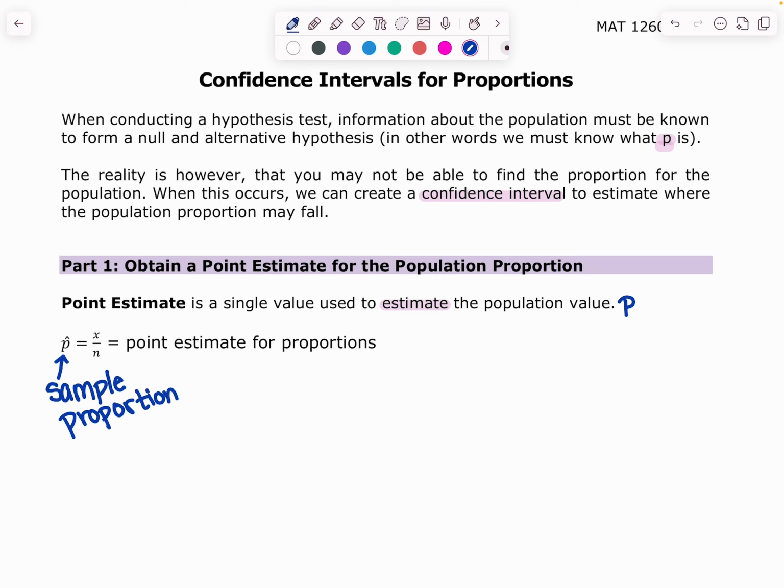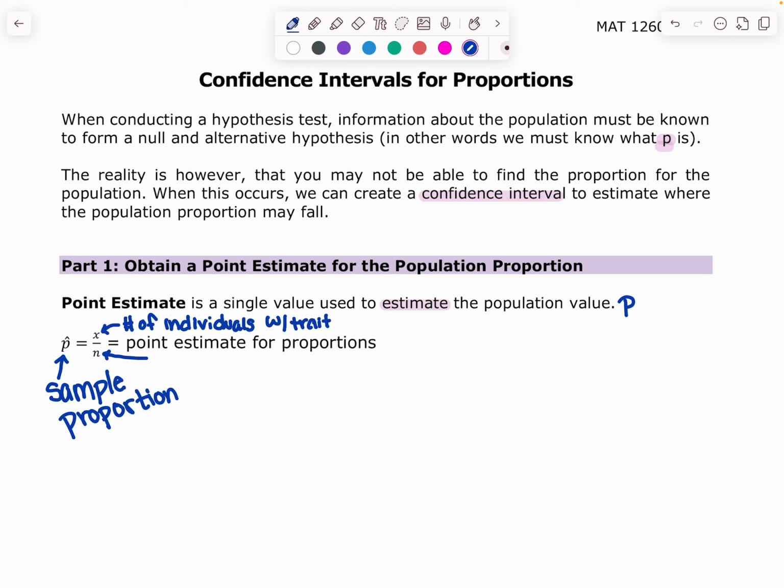And hopefully you recall that P hat is found by taking X divided by N. X is the number of individuals with the trait or characteristic that we're looking for.